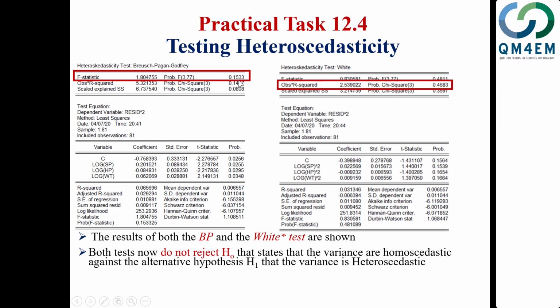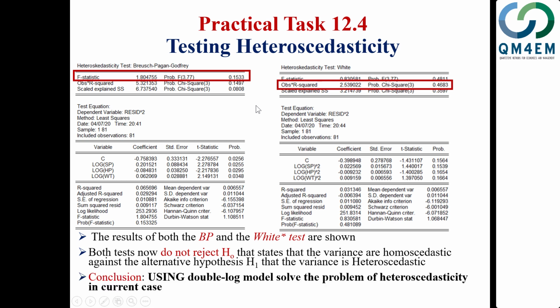When we cannot reject H naught, it means we cannot reject the hypothesis that our variances are homoscedastic. In other words, we conclude that the use of the double log solved the problem of heteroscedasticity over this particular data.